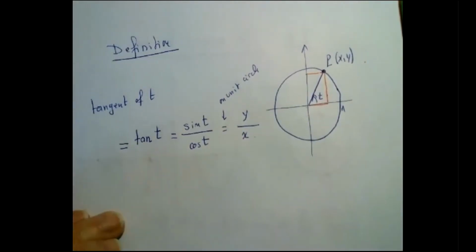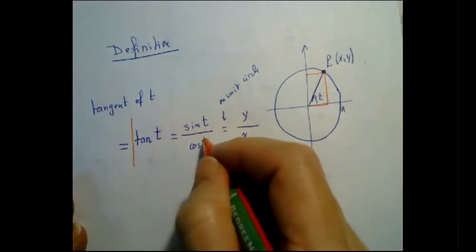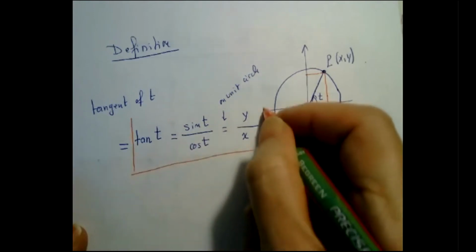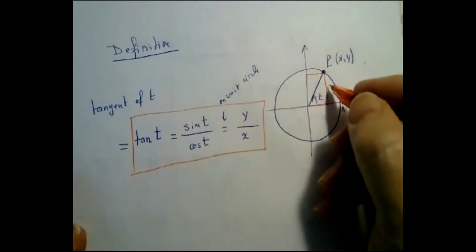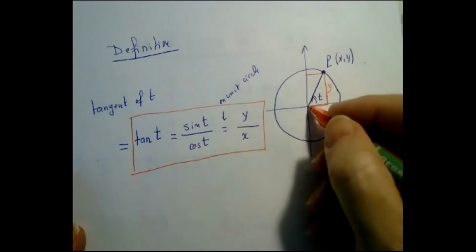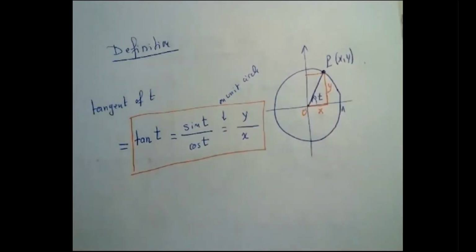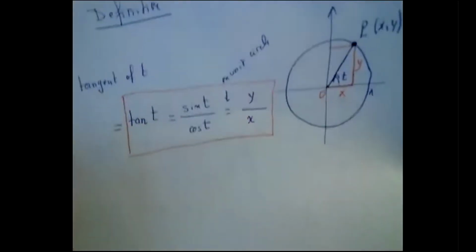The tangent of an angle is the sine over the cosine, which is the one we will use the most. And on the unit circle it's the y over the x. The y could be positive, the y could be negative, anything you want.